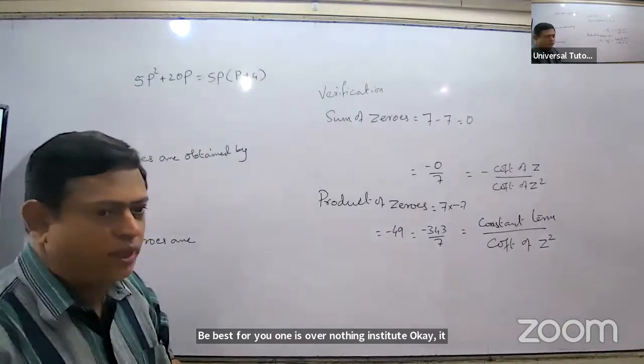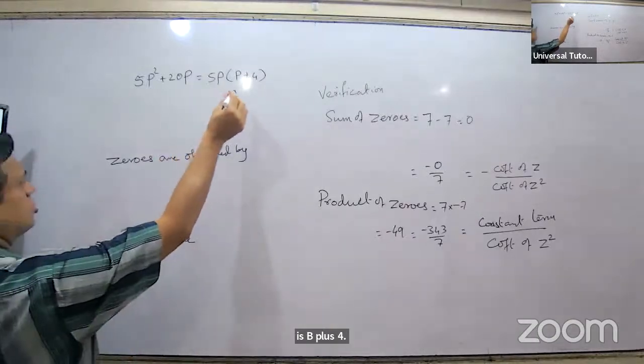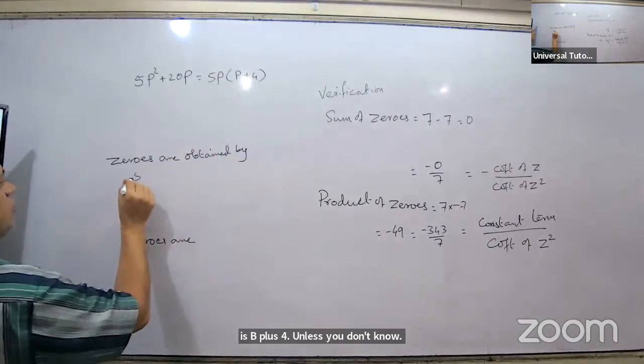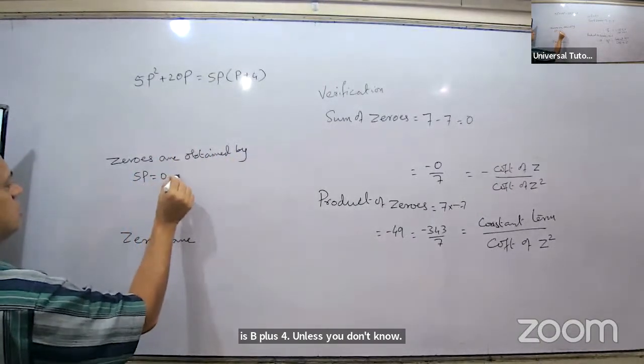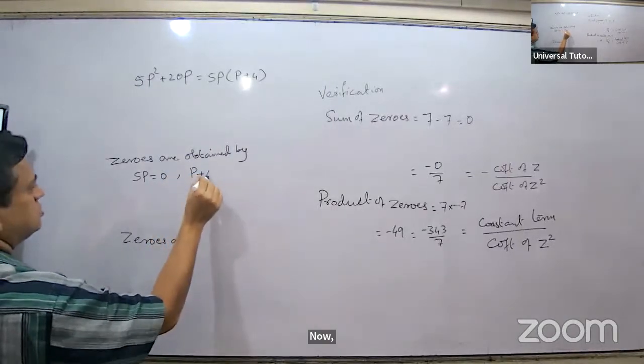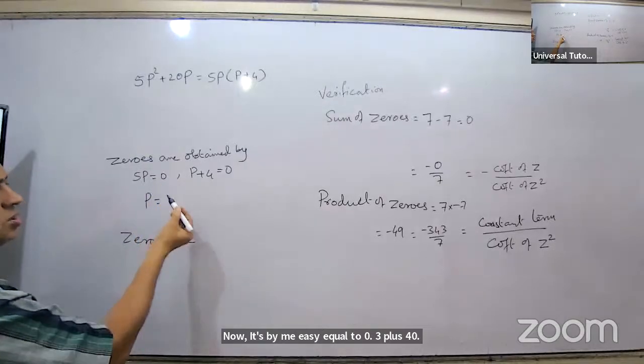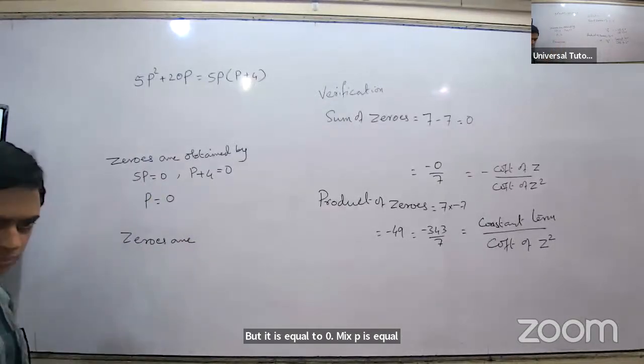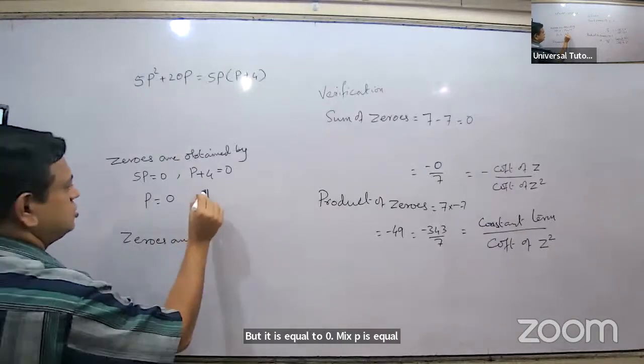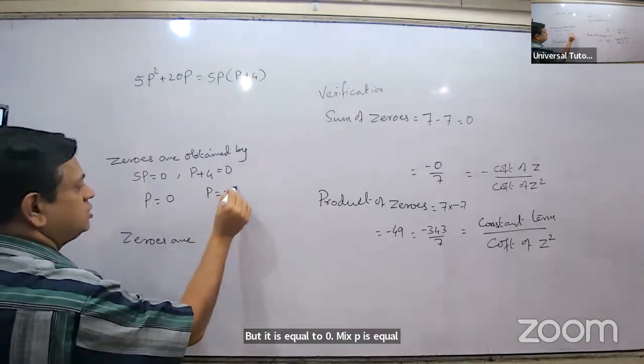Understood or not? Now, next, zeros are obtained by taking 5p equal to 0 and p plus 4 equal to 0. 5p equal to 0 means p is equal to 0 upon 5, which is 0. And p is equal to minus 4.